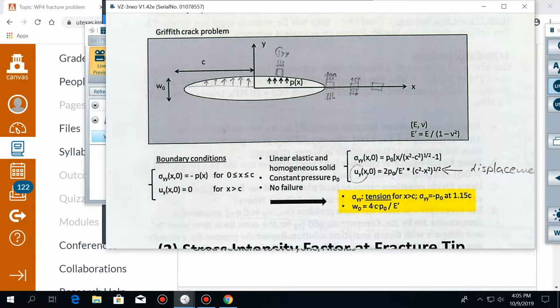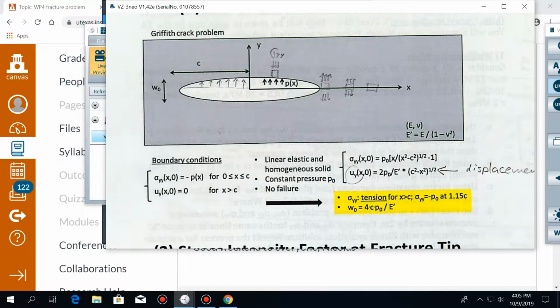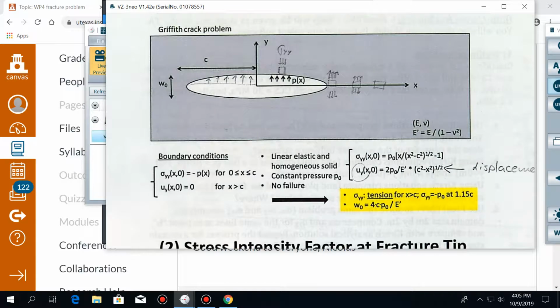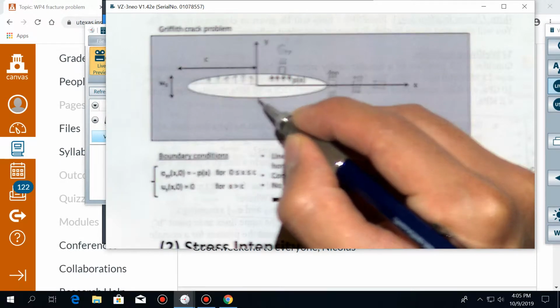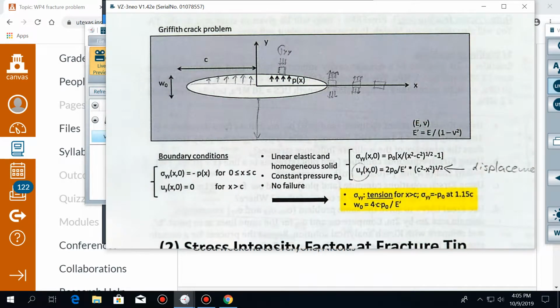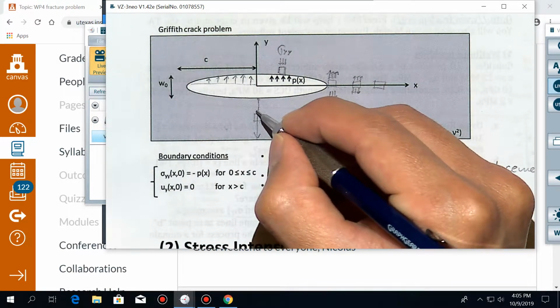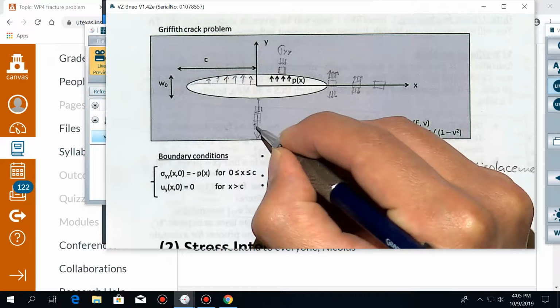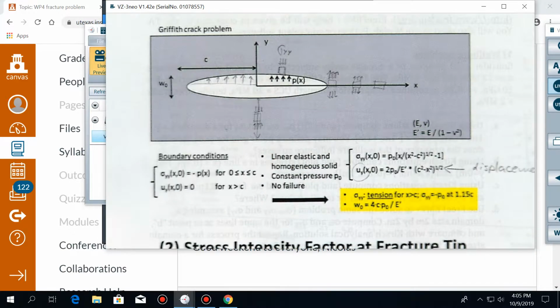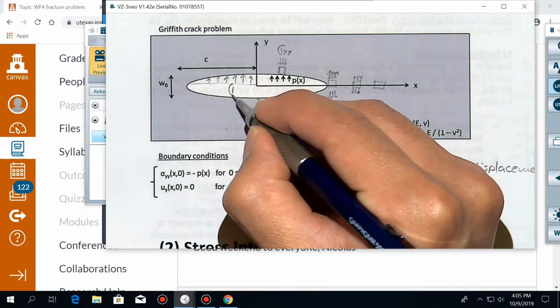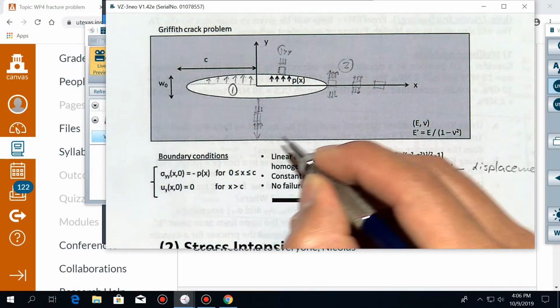If you want to do one additional thing, the third one is to tell me what is the stress from here in this direction, also perpendicular to the fracture. But you don't have to do that, okay? So this is 1, this is 2, this is 3.